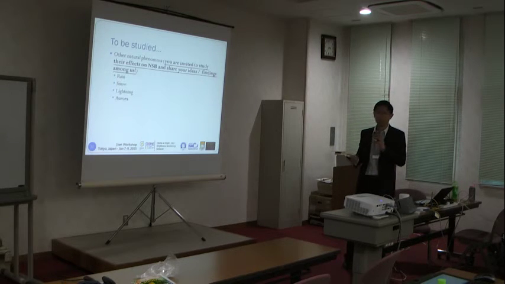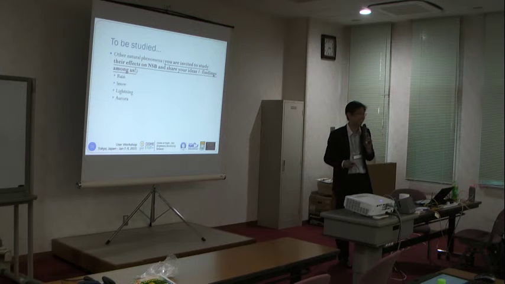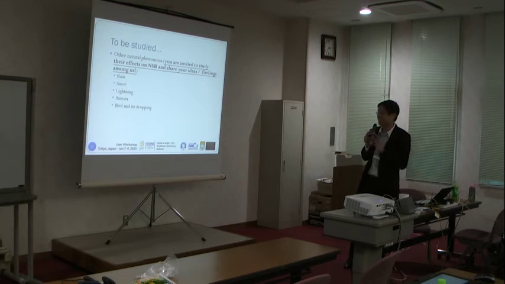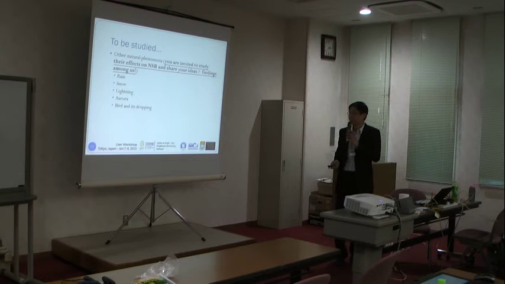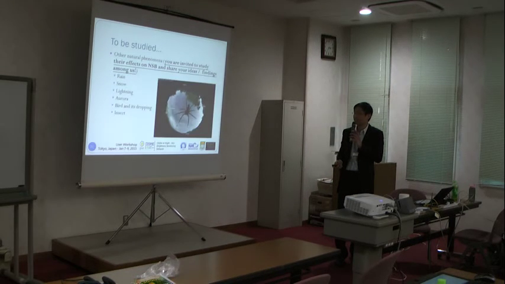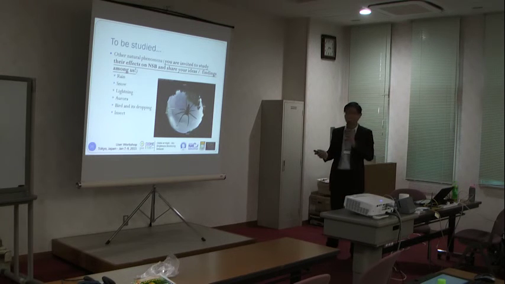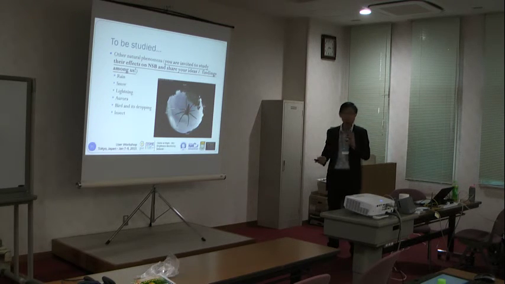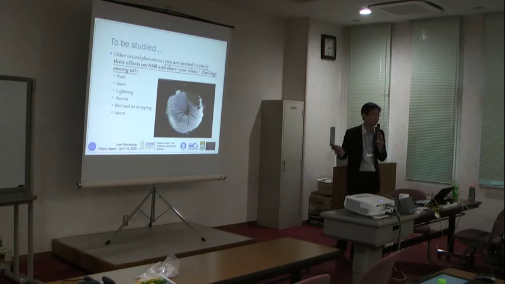But I have no idea. Yeah, also, some birds and insects will sit on the sensor and leave something. Also, this is a real picture. This is an all-sky camera, as I said before, to capture the cloud amount, and this spider looks very big, really, because it's very close to the camera.